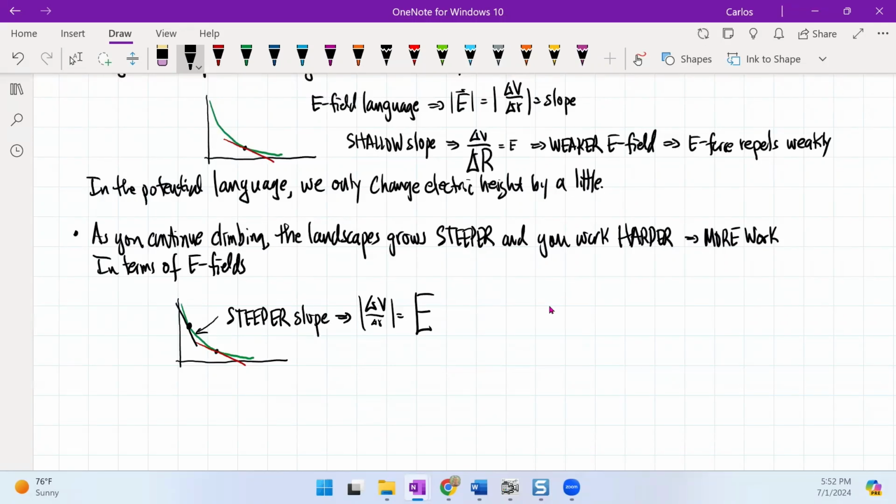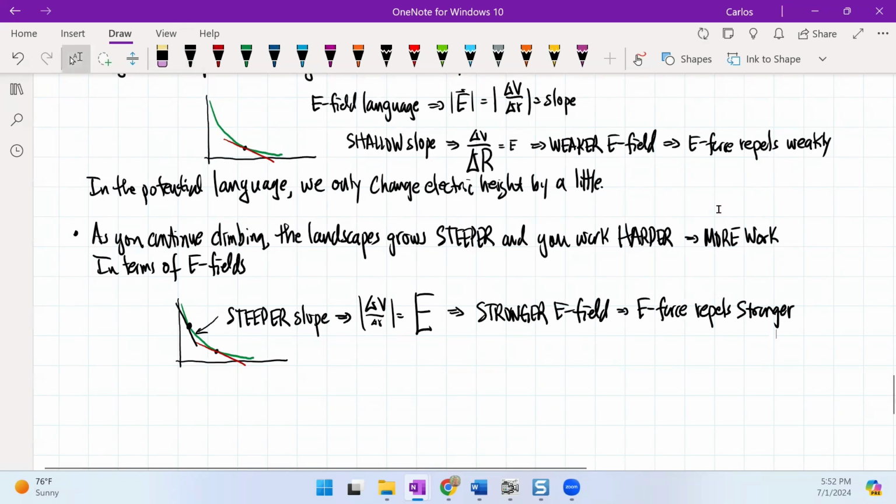The magnitude of the electric field is larger, so therefore you have a stronger E field, which tells you that the electric force repels stronger. So you're feeling it. That's the exact same thing that we said about climbing up. If it's steeper, you're going to feel it harder.